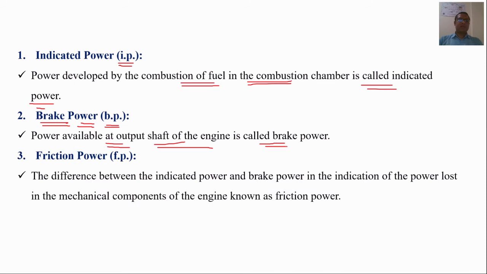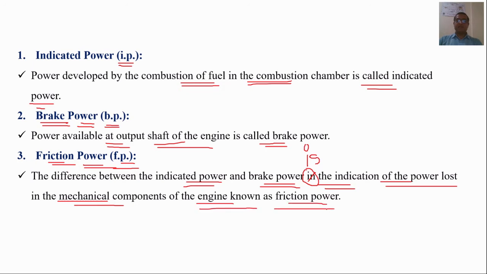And third is friction power, which is short form represented as FP. The difference between the indicated power and brake power is the indication of power lost in mechanical components of the engine, and it is known as the friction power.